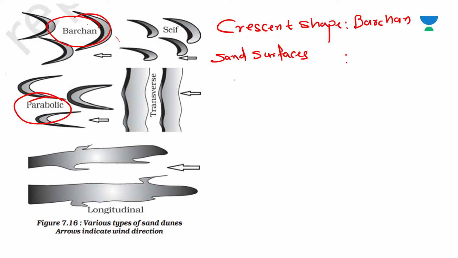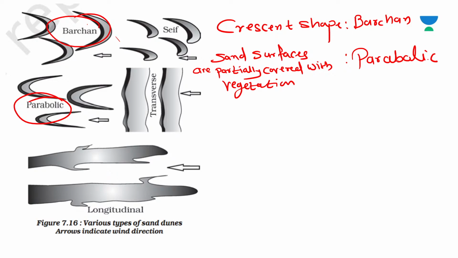When sandy surfaces are partially covered with vegetation, parabolic dunes form.